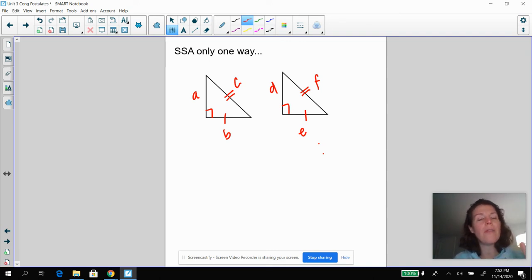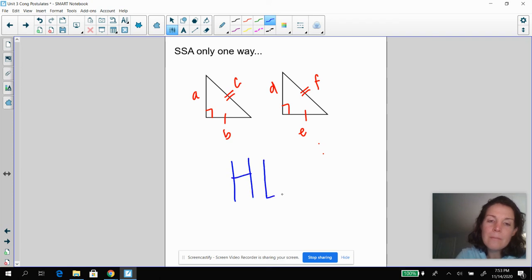And we call this lovingly wonderful congruence postulate HL, and that stands for hypotenuse leg. So we don't call this side-side-angle in a right triangle. We call it hypotenuse leg, HL.